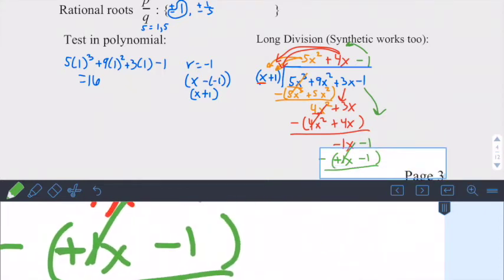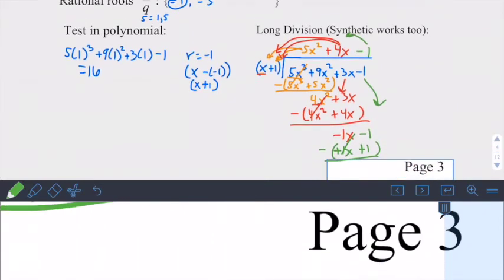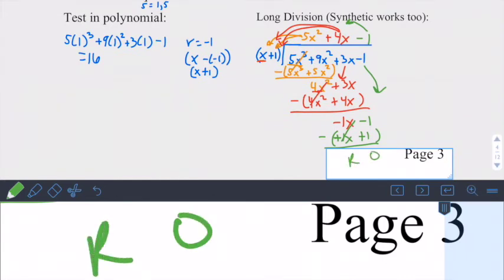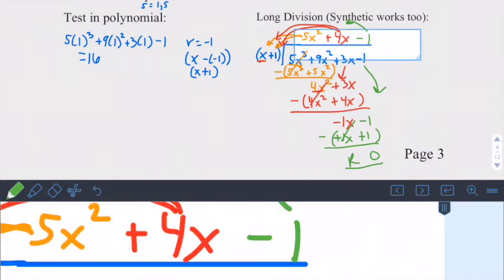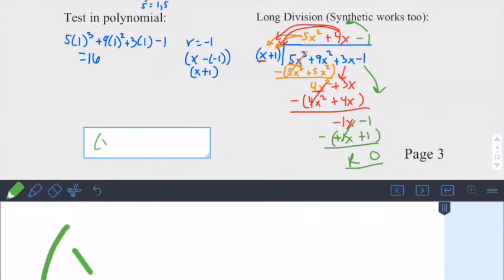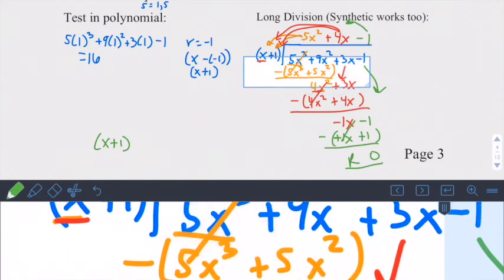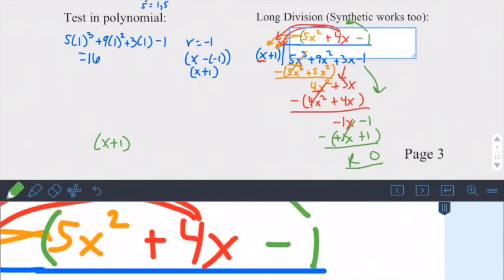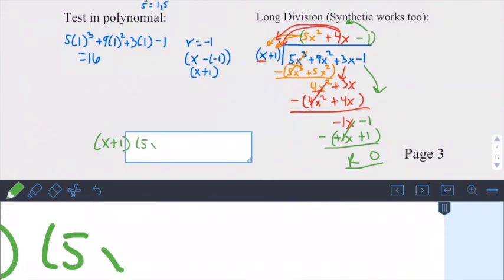Negative 1 minus negative 1 makes this plus 1, so gives us 0. So we have a remainder of 0. So I factored it into x plus 1, right, from my root, and this is my leftover: 5x squared plus 4x minus 1.